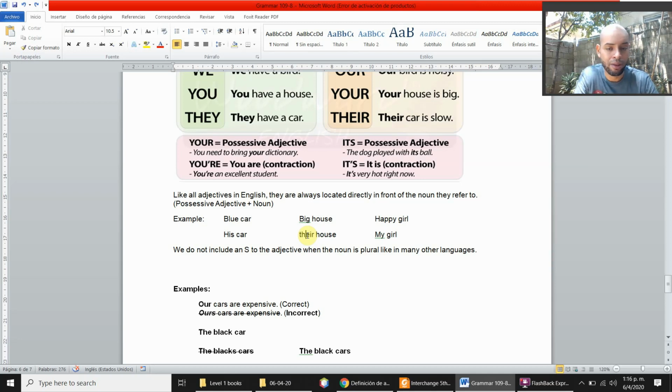Their house. Happy girl is describing a state of the person, an emotional state of the person. And here, my girl, it's also describing something about the girl. That is my girl.